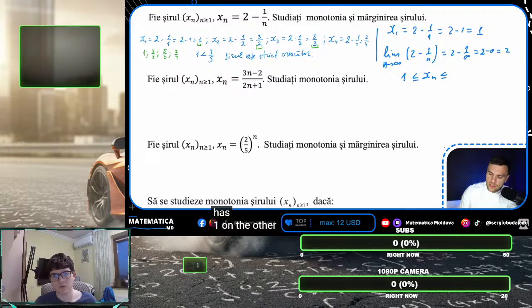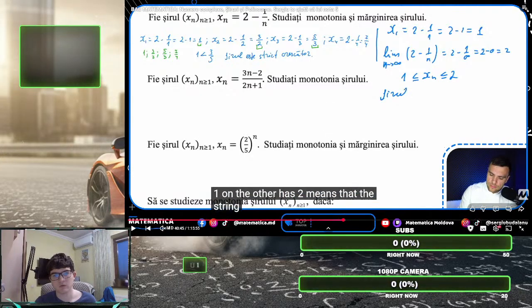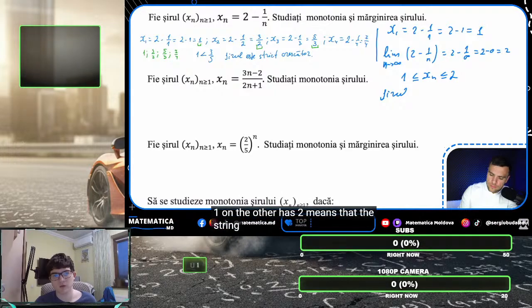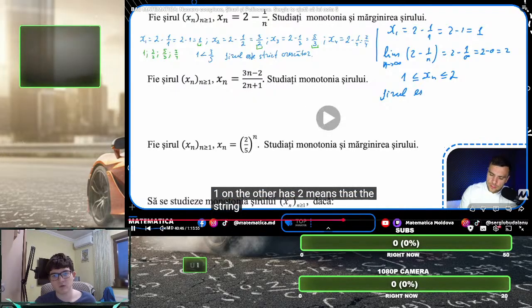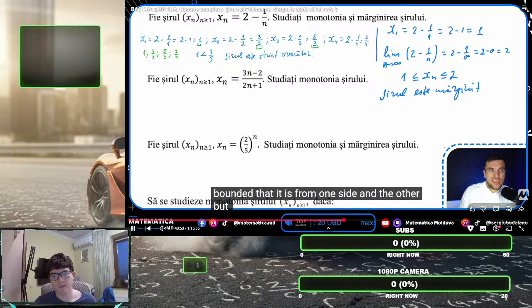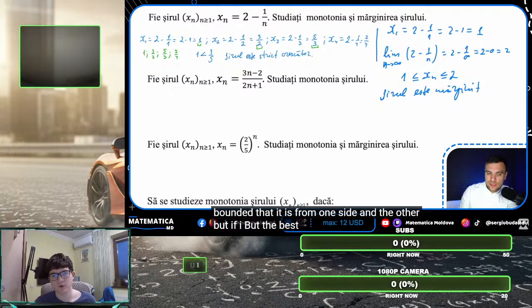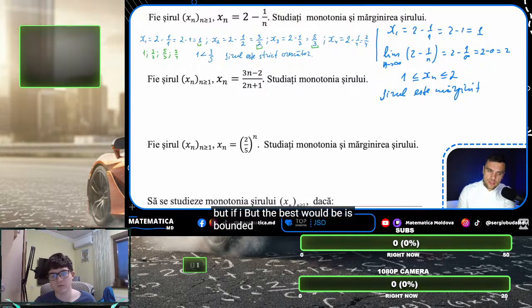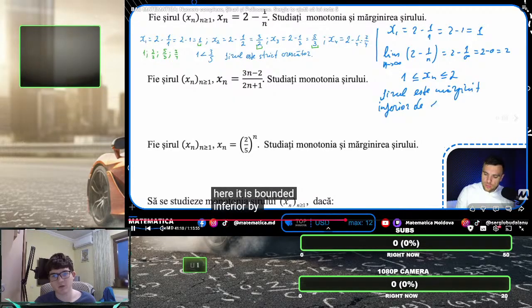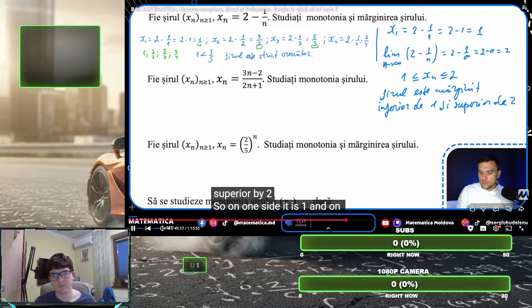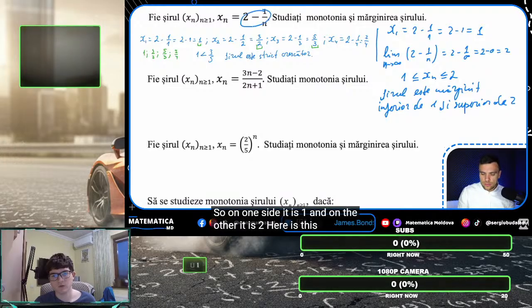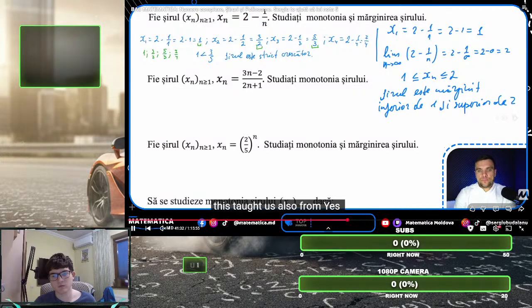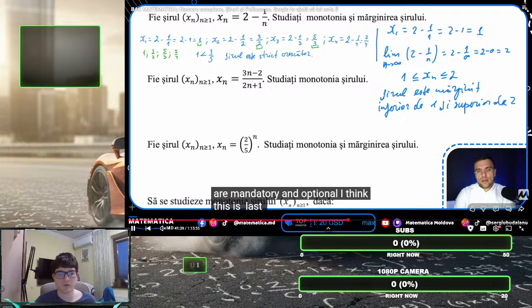So, 1 is smaller than x of n, which is essentially 1, I guess. But x of n is smaller or equal to 2, so the row is kind of constrained, so that's how it's done. It's pretty complicated, but I guess, yeah, whatever. Infimum of 1 and supremum of 2. I don't know if you need to write down an interval.